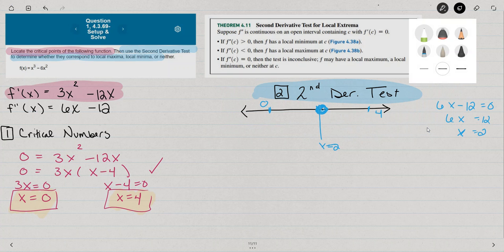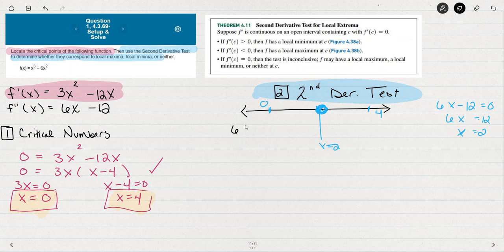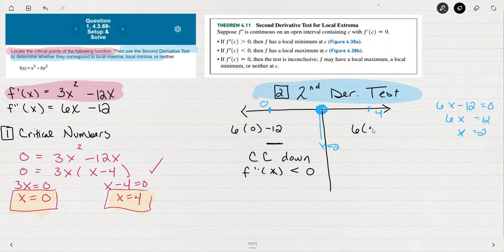And if I test the second derivative, 6 times 0 minus 12, that's going to give me a negative value, negative 12. So I know that on this interval from negative infinity up to 2, we're concave down. On this interval, the second derivative is less than 0, so we're concave down. If I put a 4 in, let's see what happens.